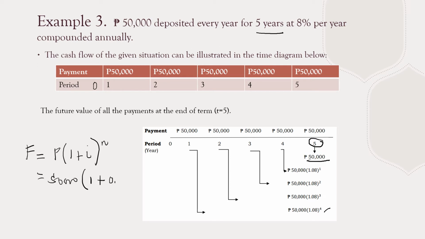Since it is compounded annually, over 1 lang yan. So, 0.08 over 1 lang yan, raised to yung year natin, 1.